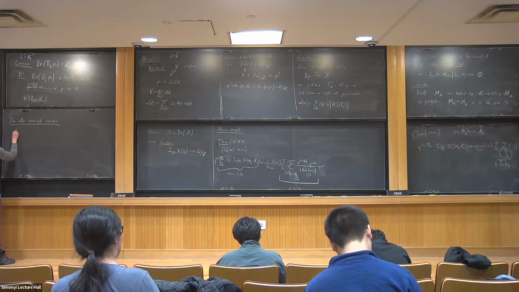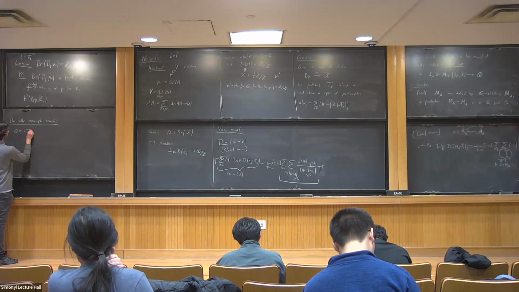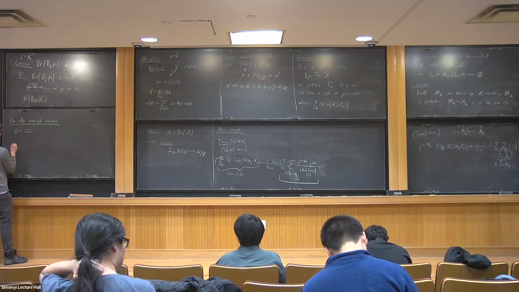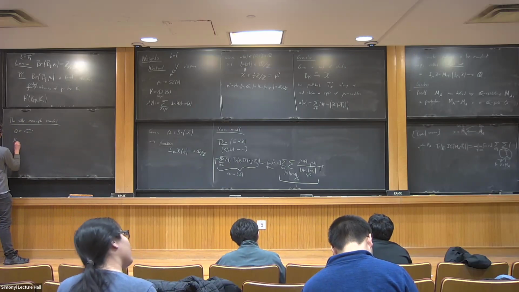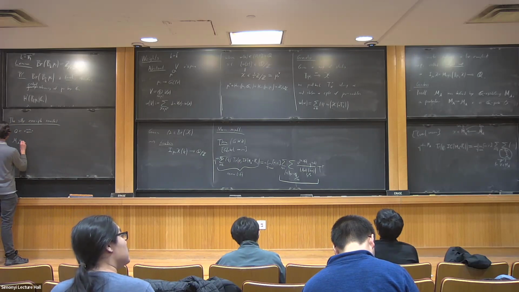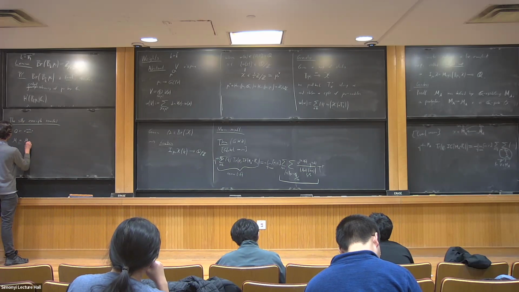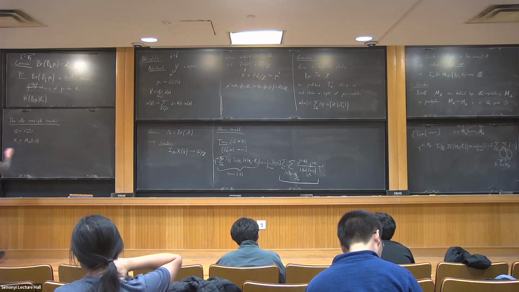So this was the moduli space of quiver representations of this very simple symmetric quiver. We looked at M_Q(1,1), so dimension vector (1,1).